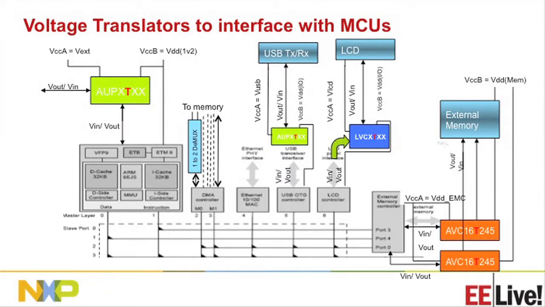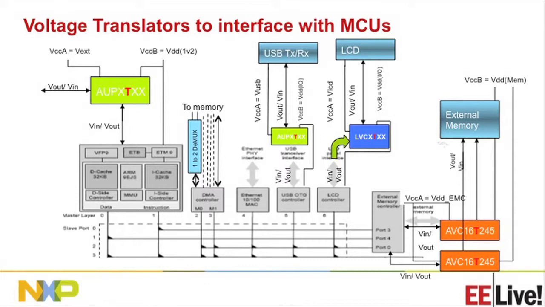There are different families, AUP being the lowest power level shifter. LVC gives you more output drive, but is up to 5 volts. And then we also have AVC, which is here. And then these devices are available in 2, 4, 8, or 16 channels, depending on how many channels need the level shifting.